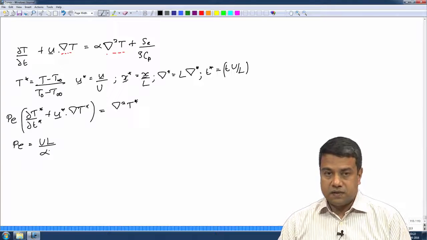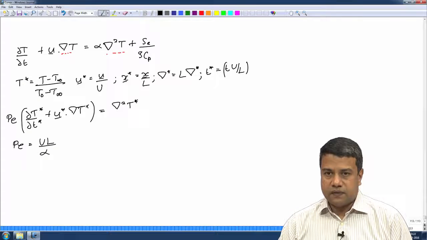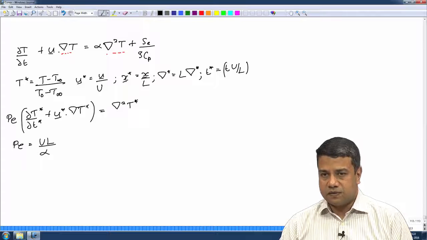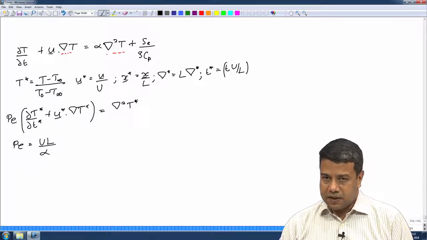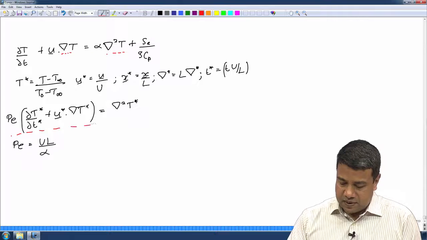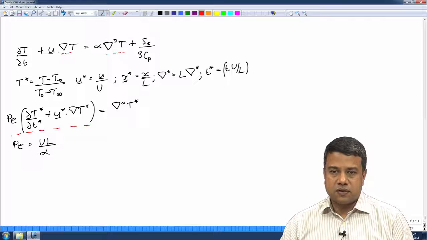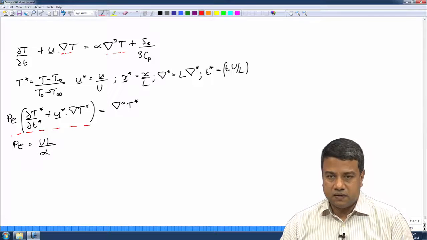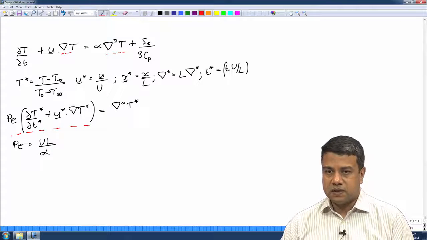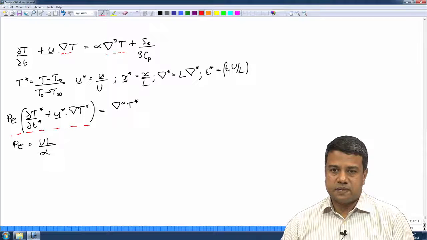It gives you the ratio of convection and diffusion in this system. Over the last few lectures we have looked at the case where diffusion is dominant, when the Peclet number is small for heat or mass transfer, in which case we can neglect the convective terms altogether, and the equation just reduces to an equation for diffusion, a Laplace equation or a Poisson equation for the temperature or the concentration fields.